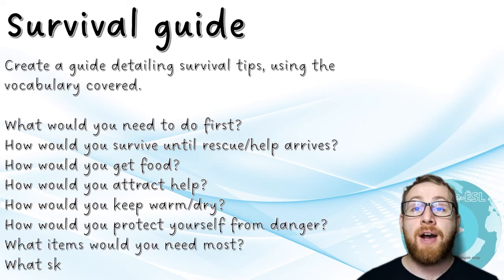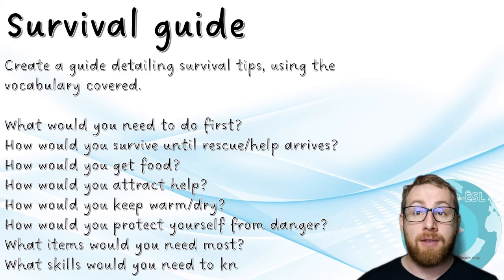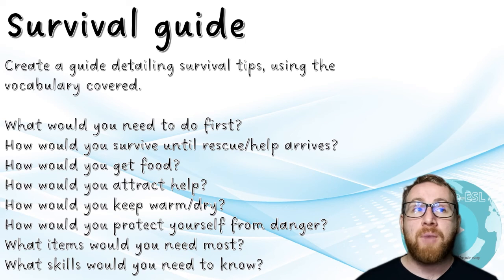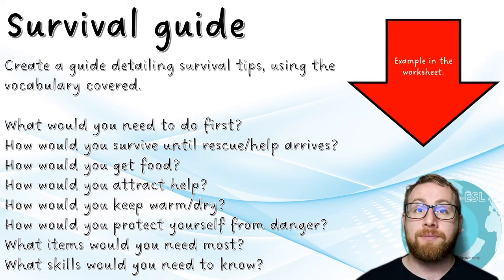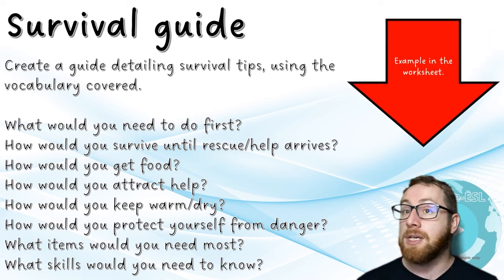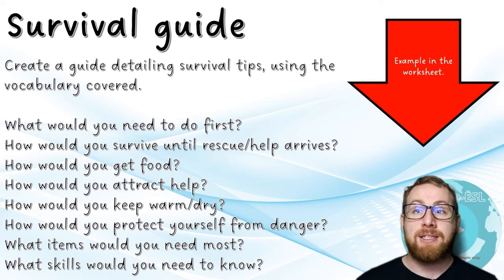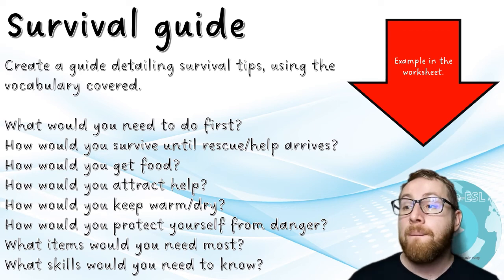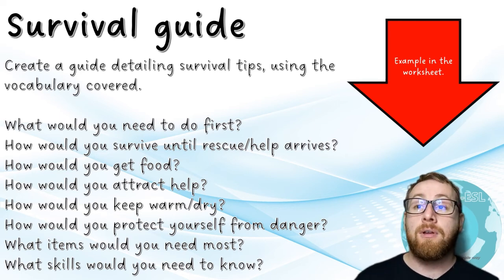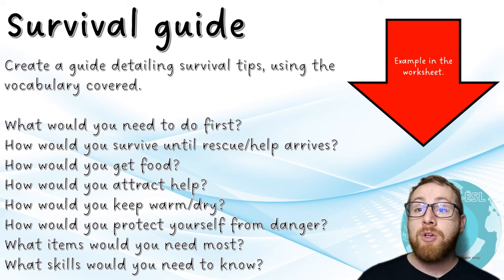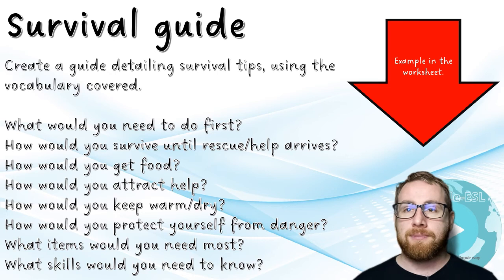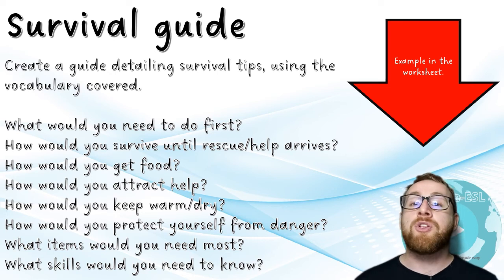How would you survive until rescue or help arrives? I would need food. I would need water. How would you get these things? How would you get food? I would get food by using a fishing rod. If I were you, I would hunt for food. I would find fruit. How would you attract help?